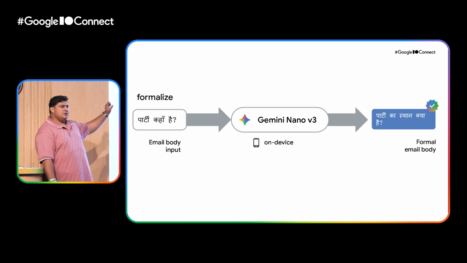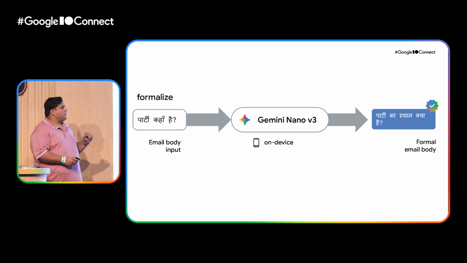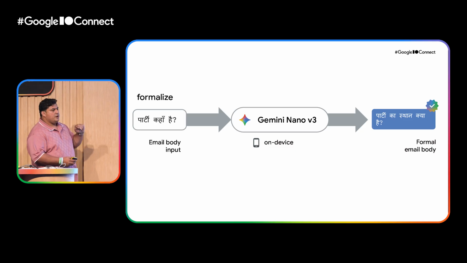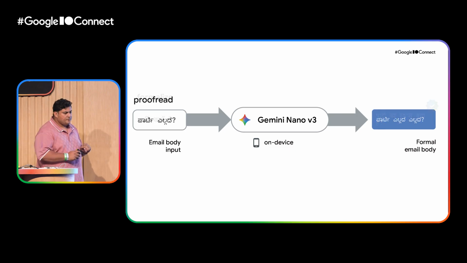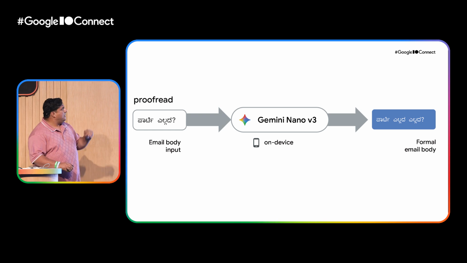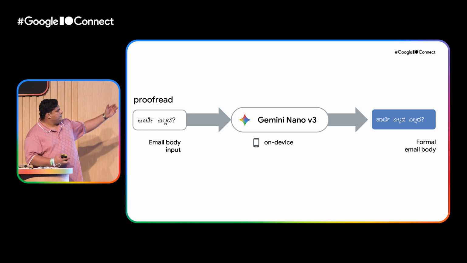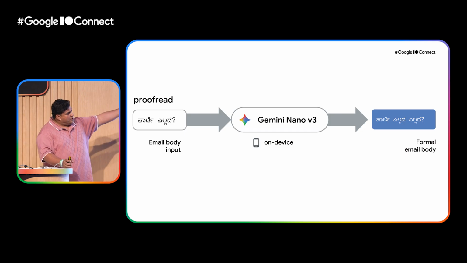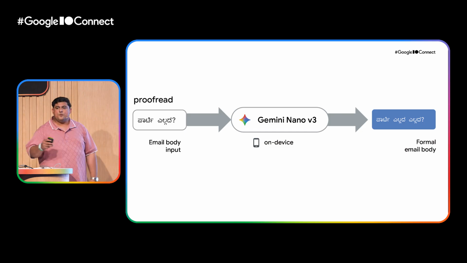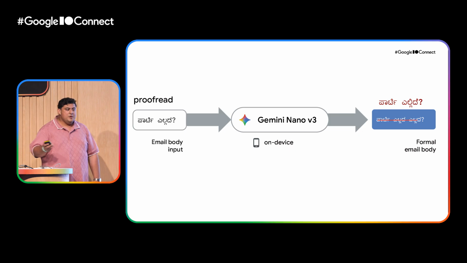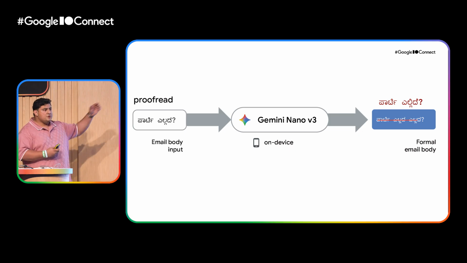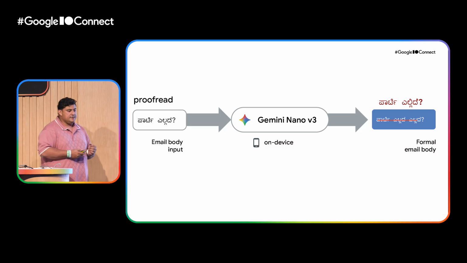So you can use this pretty well for Hindi and the formalize feature, on-device is good enough. But if you give something in Kannada and you're asking it to proofread, say for something like "Party Early Day", your response is not exactly what you expected it to be. So maybe you need the Flash model on cloud running it because Nano is not able to correctly recognize or correct the spelling mistakes in this case.